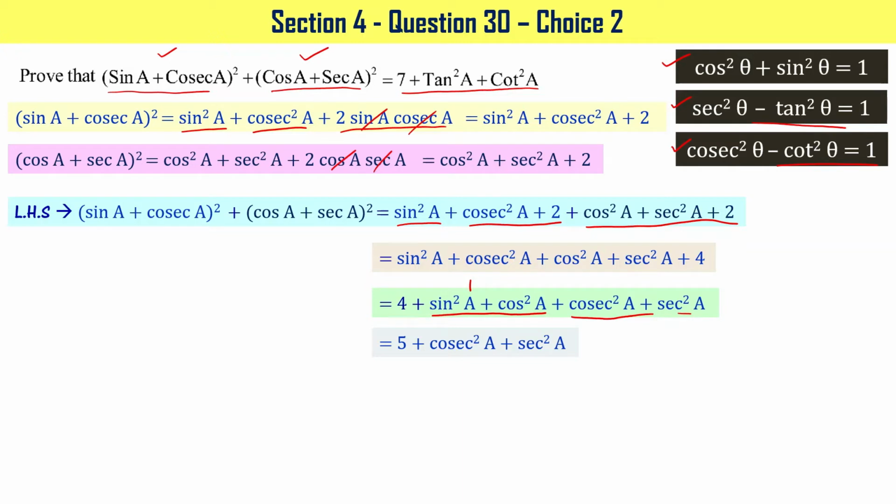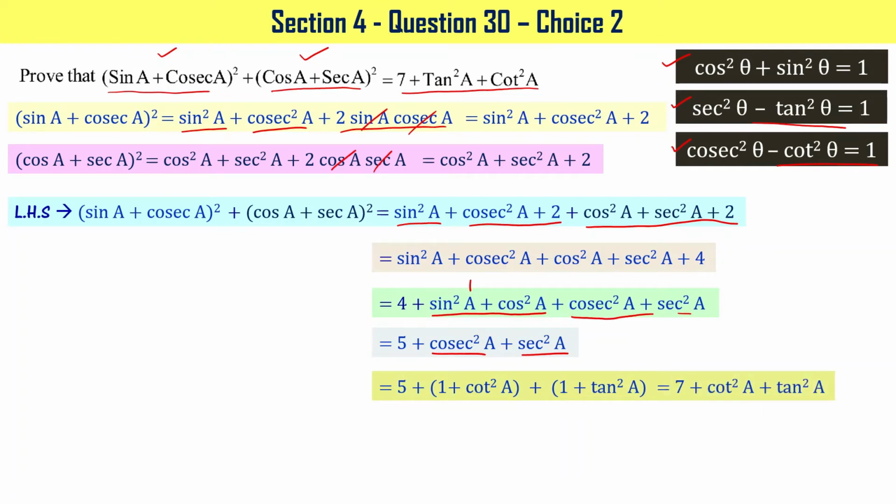For cosec square A, we'll be writing 1 plus cot square A, and for sec square A, you will be writing 1 plus tan square A. When you further simplify it, you can get 7 plus cot square A plus tan square A. This is what we are asked to show, right? (sin A plus cosec A) whole square plus (cos A plus sec A) whole square equal to 7 plus cot square A plus tan square A, right?